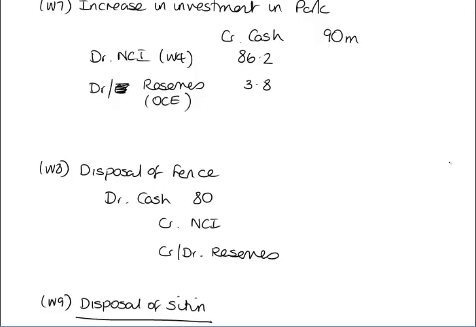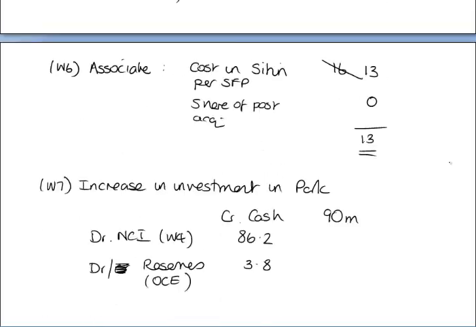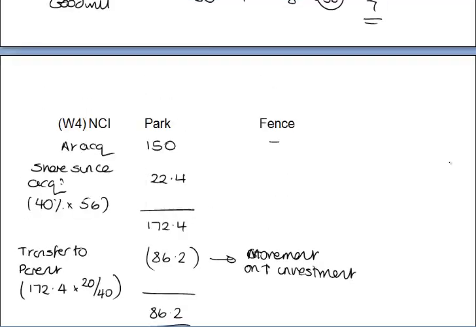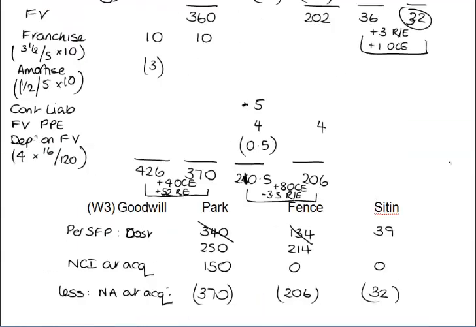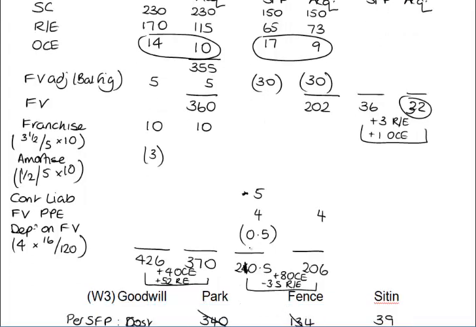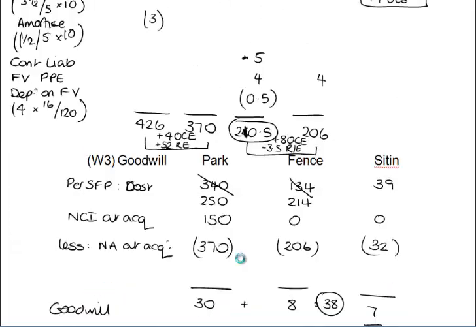The net assets at the date of disposal go up to working number 2. The date of disposal was the SFP date. Those net assets were worth 210.5.